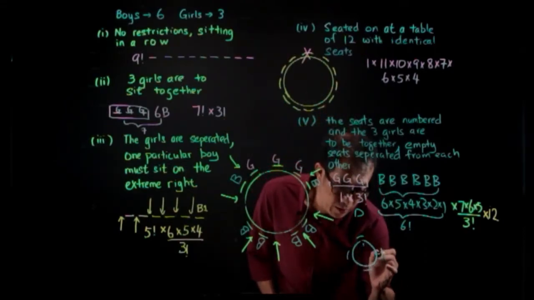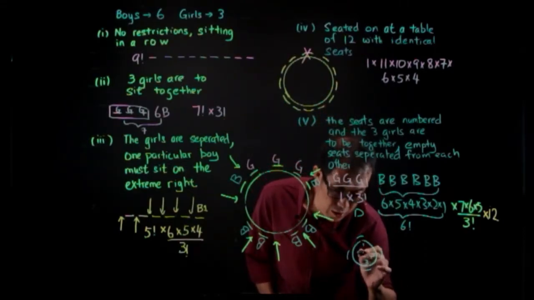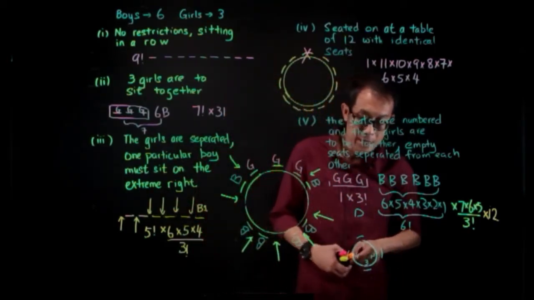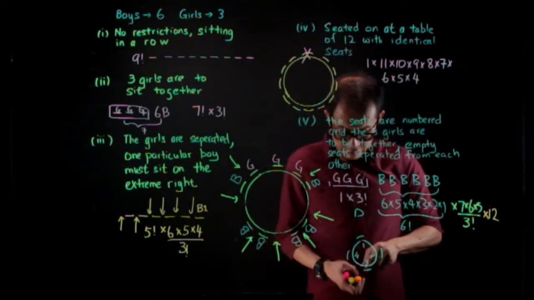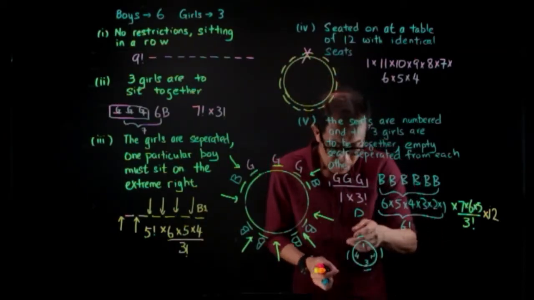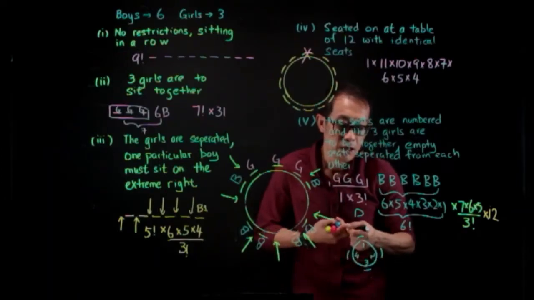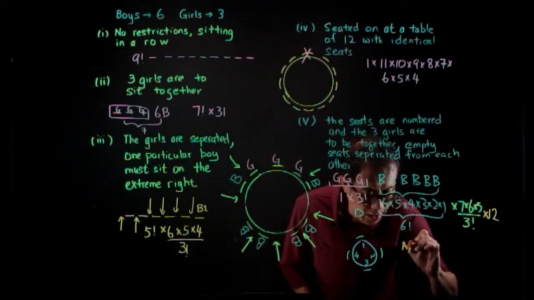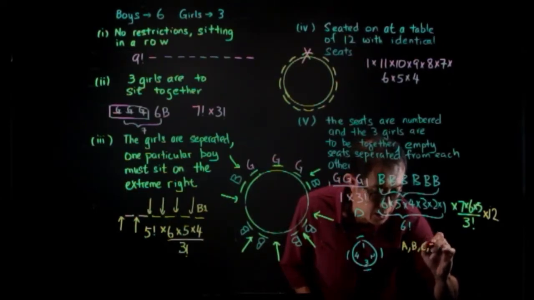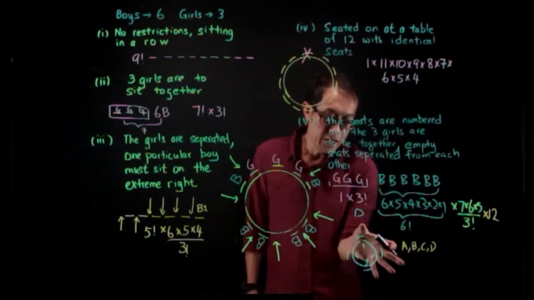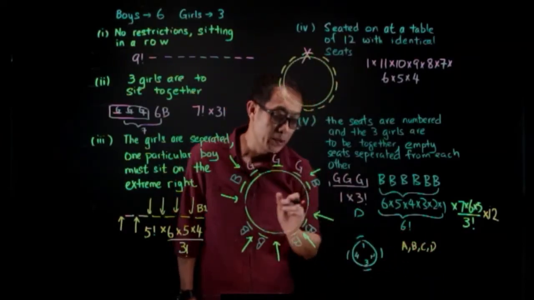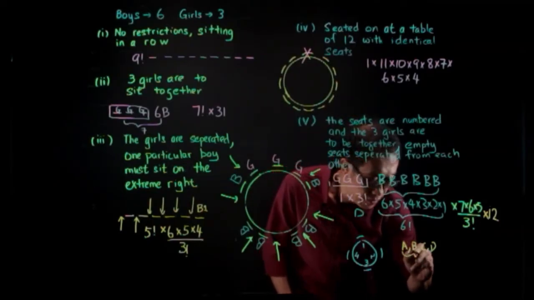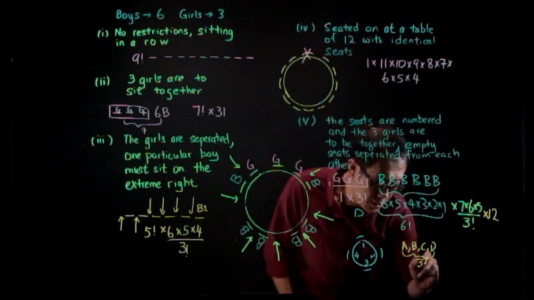So you have 1, 2, 3, and 4. And we are supposed to place 4 boys onto this round table. Let's name the 4 boys A, B, C, and D. Now, if the chairs are similar, how many ways can we put these 4 boys? You will have 3 factorial ways.